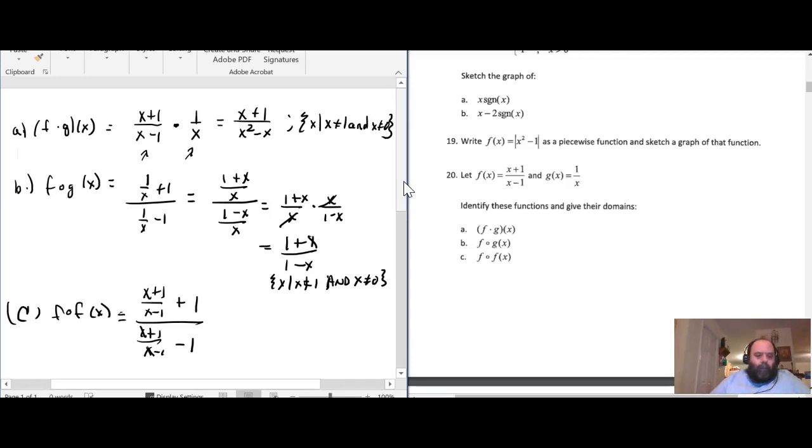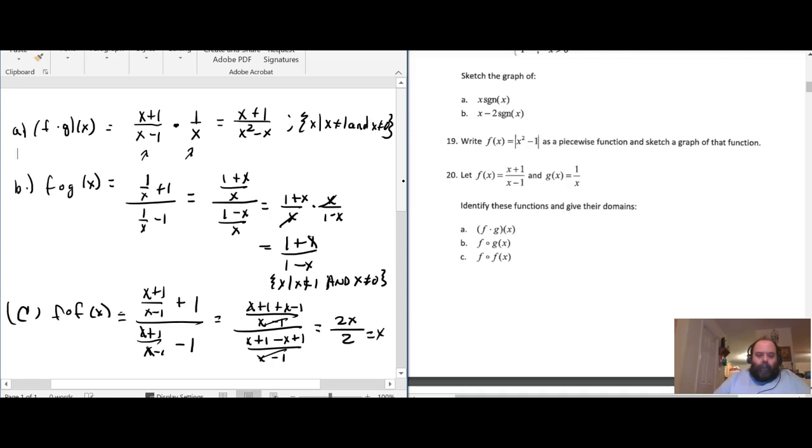Okay, so let's do a little bit of clearing this up. This is going to give me x plus 1 plus x minus 1 over x minus 1, over x plus 1 minus x plus 1 over x minus 1, which becomes, let's see, x and x is 2x, and then these are going to cancel, and that's just going to become 2.